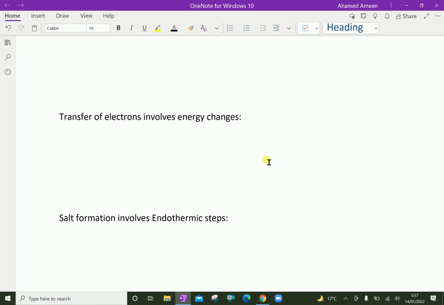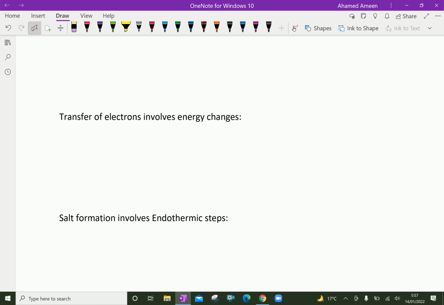Look at this equation. For example, sodium atom plus energy gives sodium positive ion plus electron.